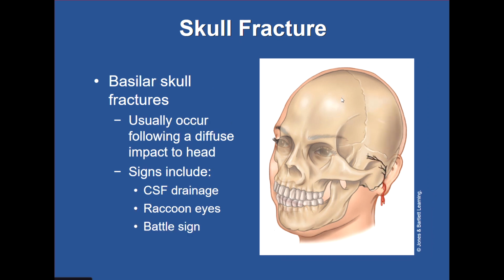Basilar skull fractures, usually this is a more diffuse impact to the head. So you see this in MVAs where the head is moved forward or slammed back on the seat. Not only do you get those coup contrecoup injuries, but you could actually have a skull fracture that goes along with it.